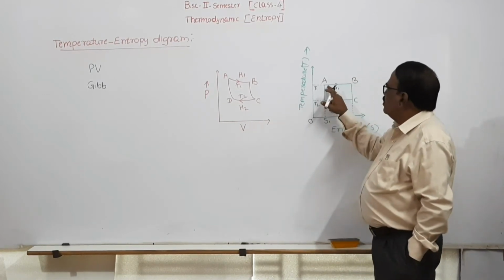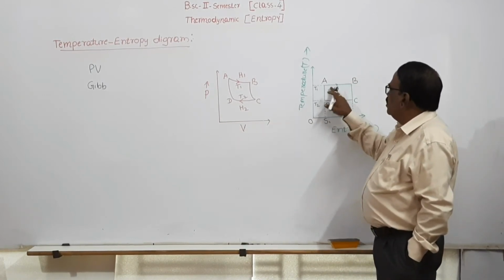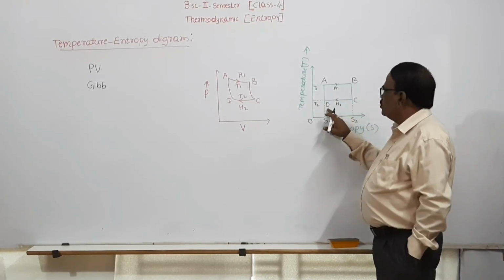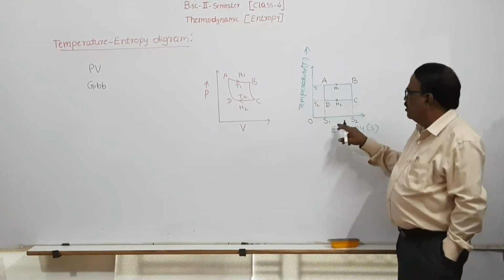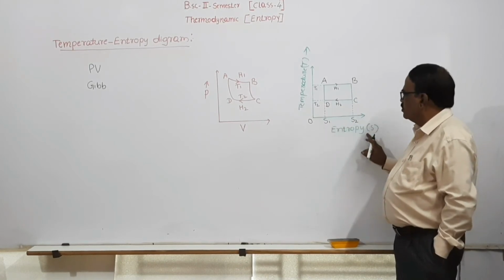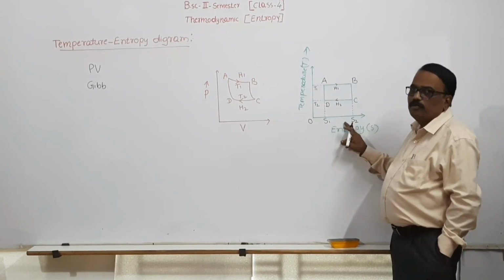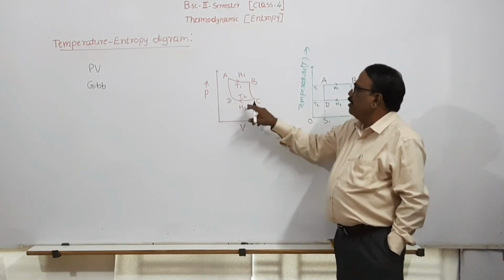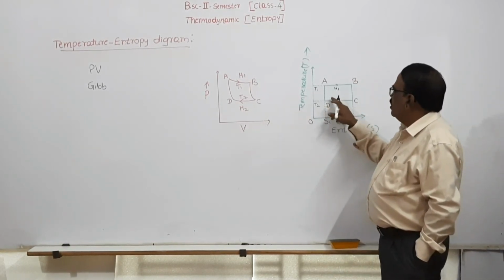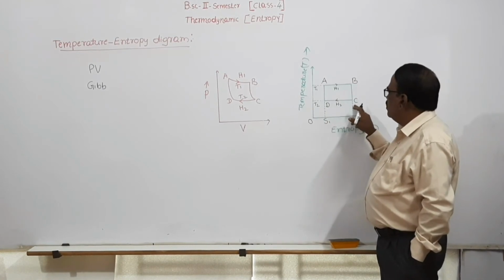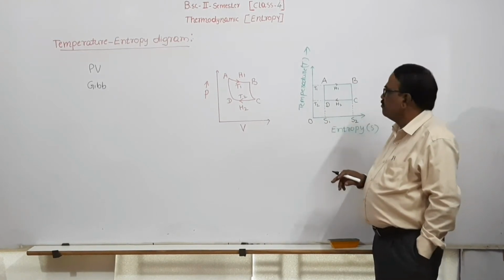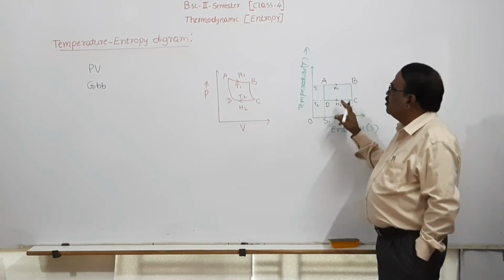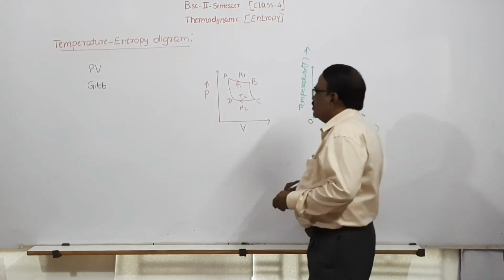Here AB is an isothermal, and CD is also isothermal. They are parallel to the S axis, that means the entropy axis. And AD and BC are adiabatics. This AD and BC are parallel to the temperature axis.